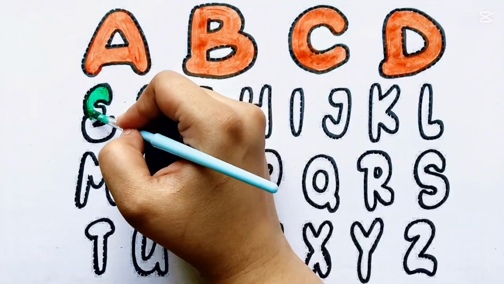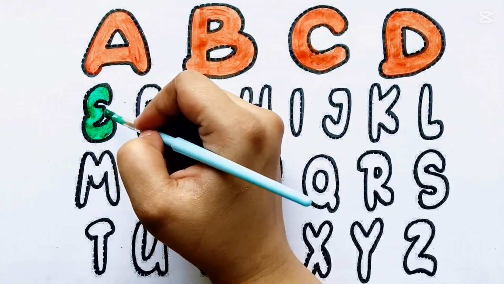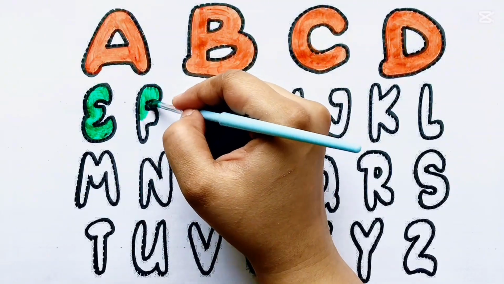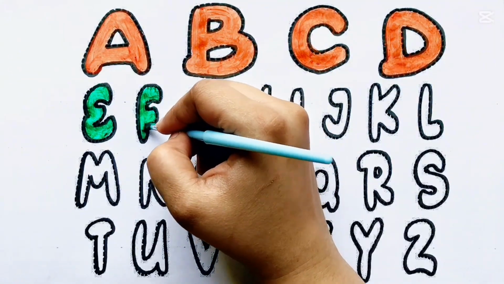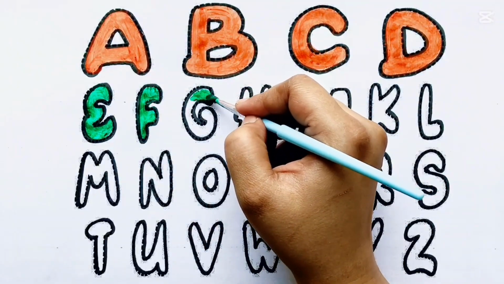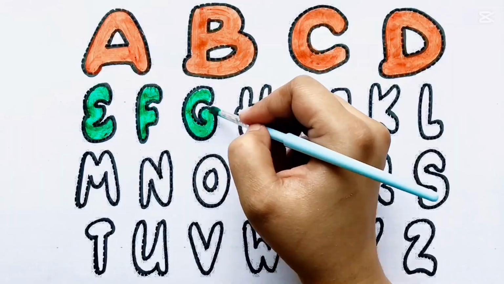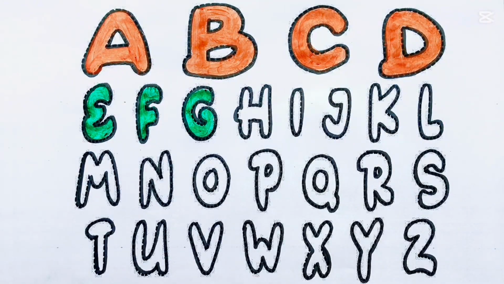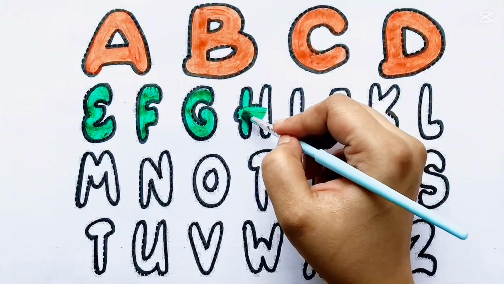Green color. E for elbow. F for fish. G for grass. H for hand.